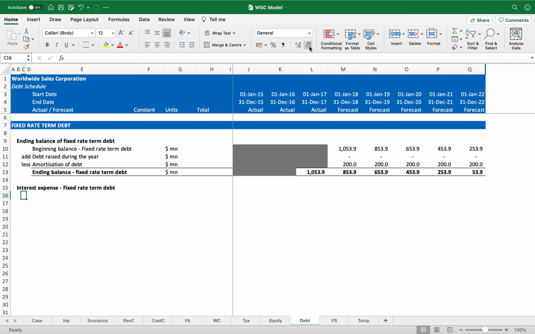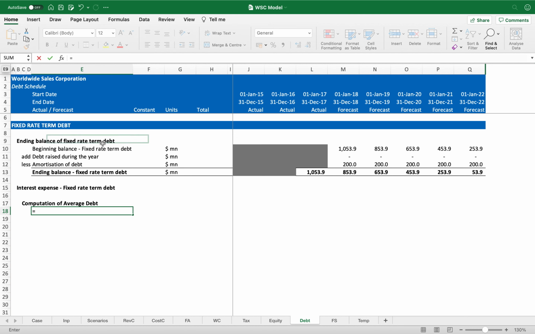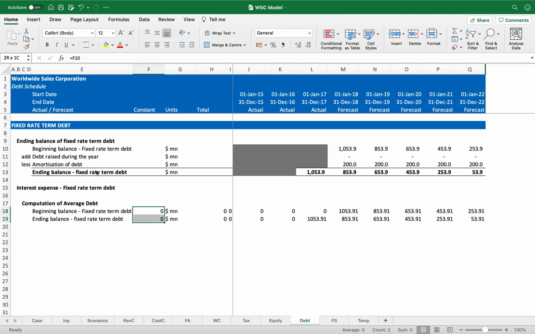So I have a next subheading, computation of average debt, right? This is very simple. Your beginning balance and your ending balance. Just copy it across.